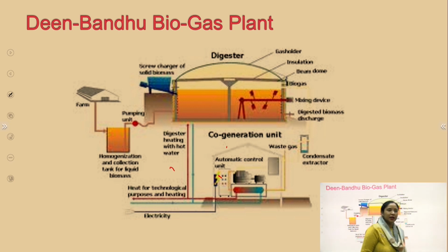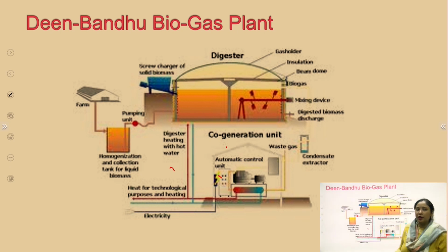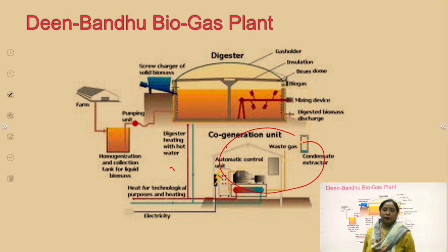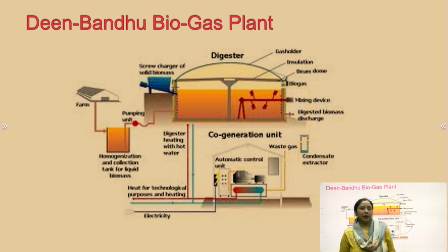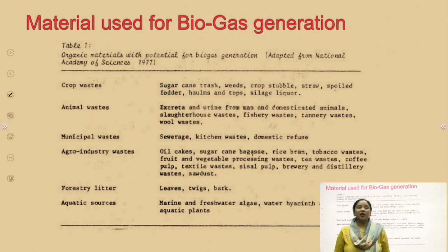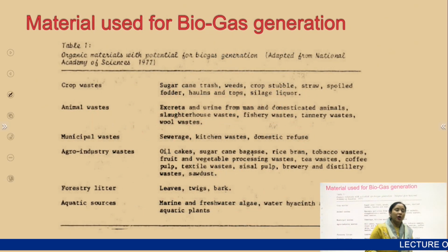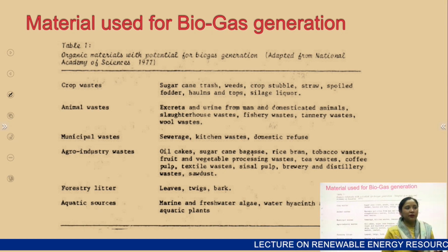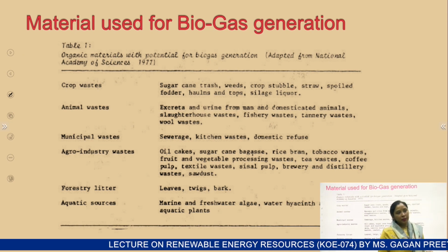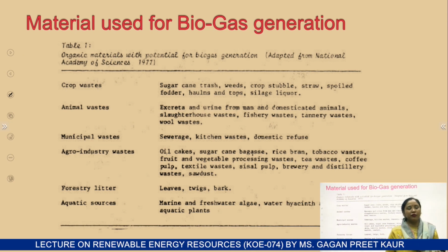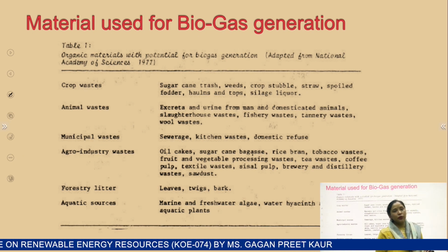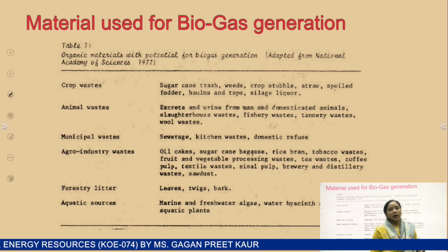Gas is collected, then sent from the digester to this whole unit, where it is used to produce energy. Material used for biogas generation: as I told you from the start of the slide, we can have crop waste, animal waste, municipal waste, agro-industry waste, poultry litter, and aquatic sources like algae and aquatic plants.